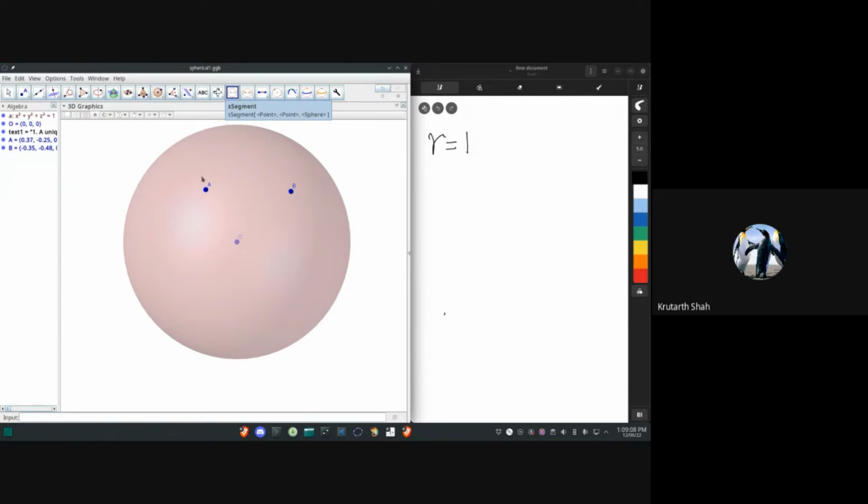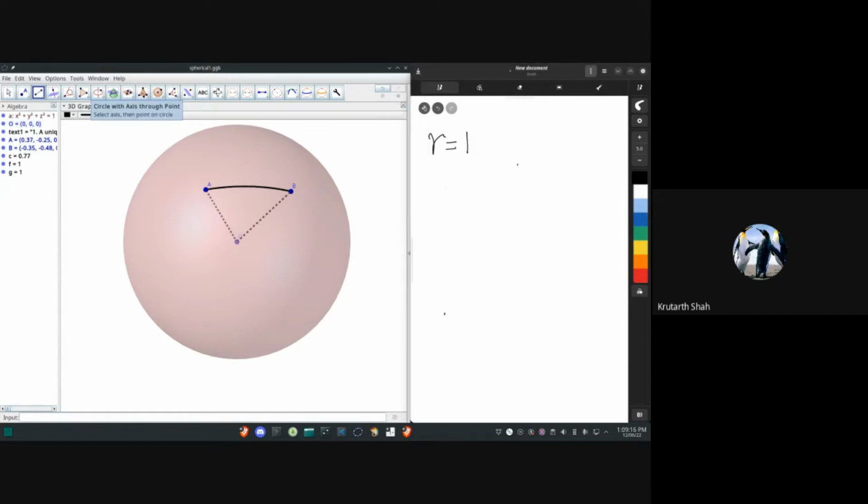Instead, we refer to the arc length, which from basic 2D geometry is nothing but r times theta, where theta is equal to angle AOB. But since we take the radius to be 1, we can just take the arc length AB to be the angle AOB. Is this clear? Okay, I'm assuming it is.